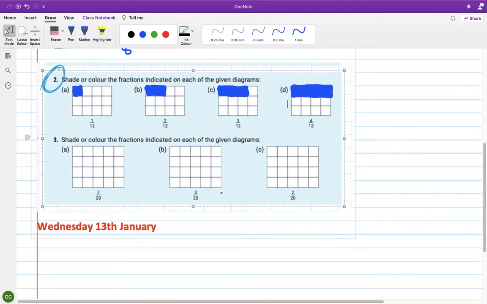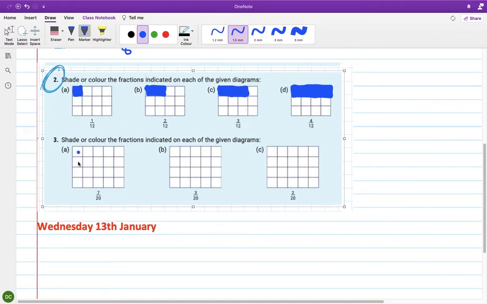It makes no difference which 4 boxes you colour in. Okay, so are these in 20ths? 1, 2, 3, 4. 1, 2, 3, 4, 5. Yep. So these are split into 20ths, and we might change colour. This one wants 7, so there's 1, 2, 3, 4, then 5, 6, 7.